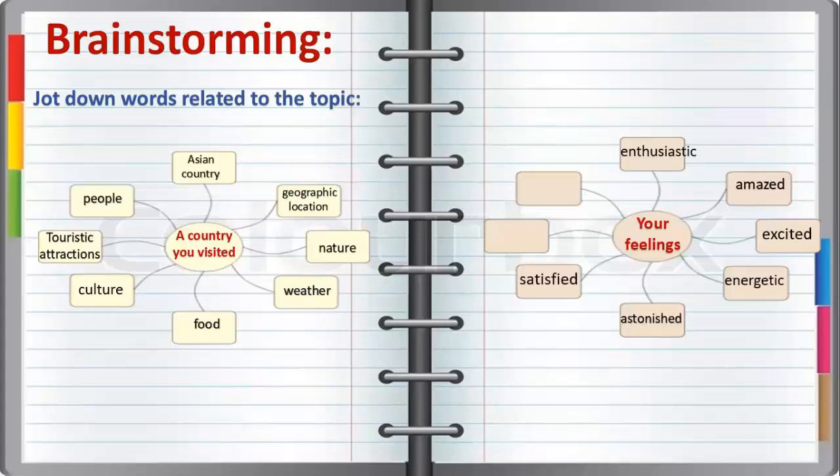Exactly. If you want to write about a country you visited, yes, maybe you can collect this information or your ideas: age and country, geographic location, nature, weather, food, culture, tourists and people.